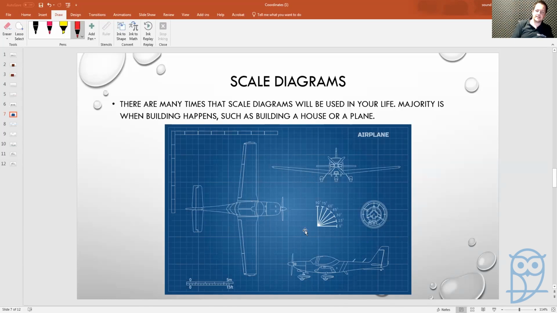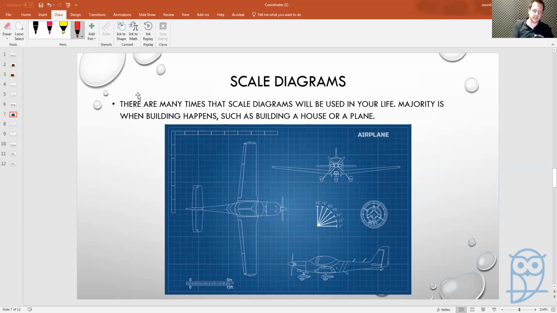You'll find that there are many times that scale diagrams will be used in your life. The majority is when there's building. If you're building a house or a plane or anything, you're going to need to know relative sizes so you know what kind of materials and how much material you're going to need.